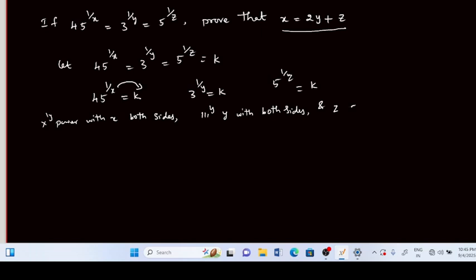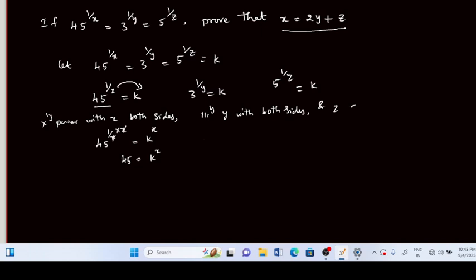So here if we modify this one, we can write it as 45 power 1 by x multiplied with the power x. Similarly right hand side k power x. So here x get cancelled. We can write it as 45 is k power x.